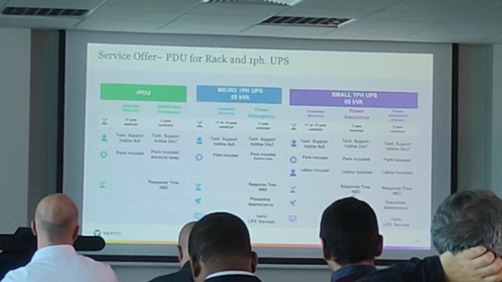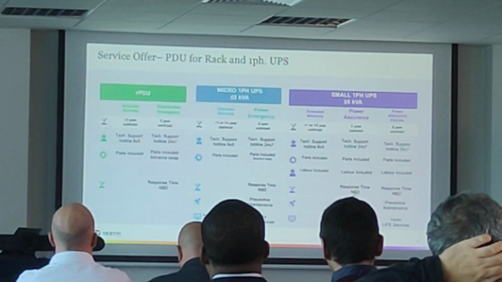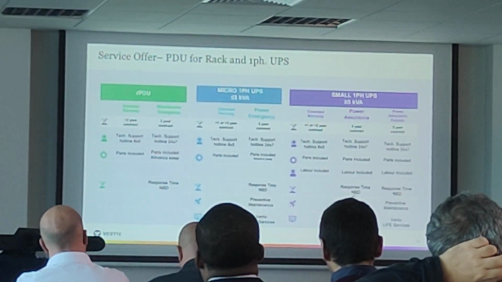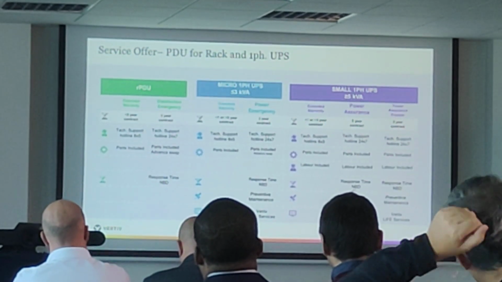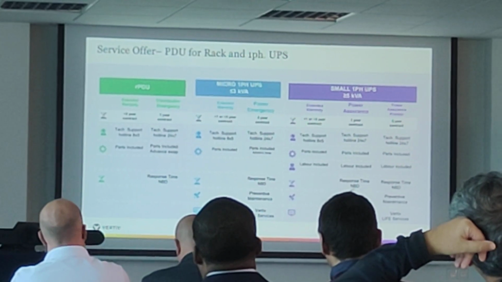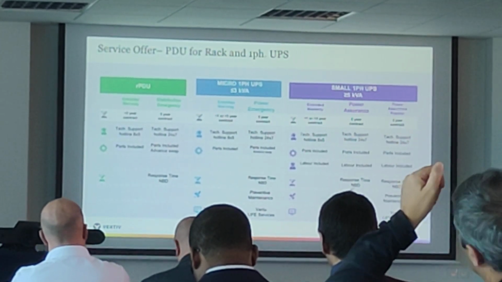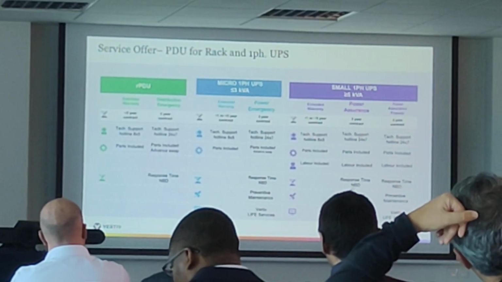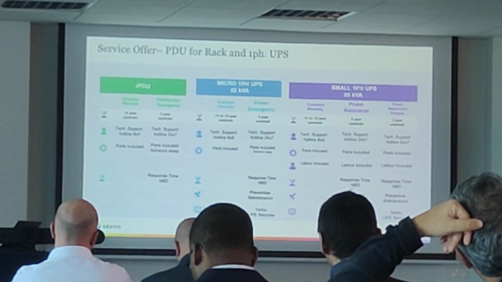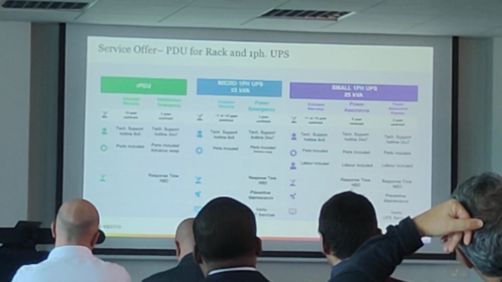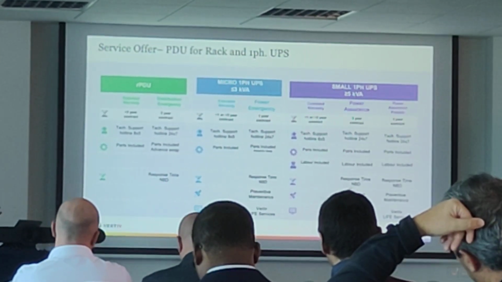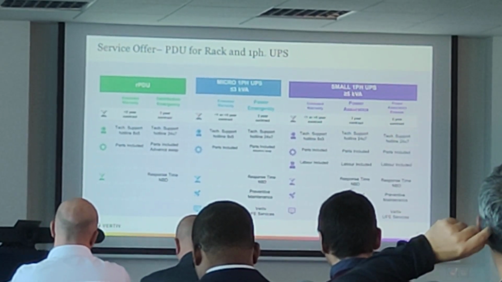Nevertheless, the services are very important. From my perspective, services are peace of mind. It's like a life insurance for the project, for the equipment. This is just a small example of the services for PDUs and one-phase UPSs. What is under what we call services?